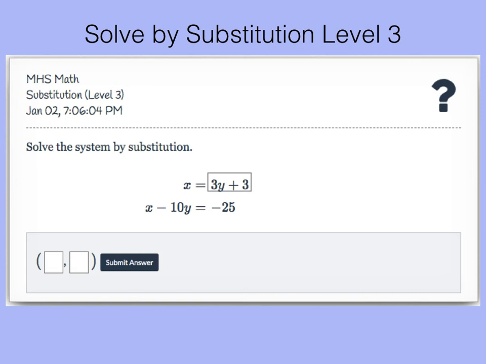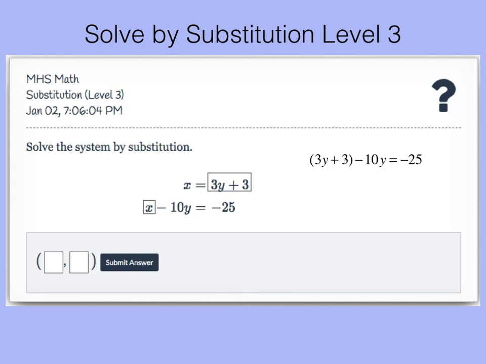So x equals 3y plus 3. Now that expression, 3y plus 3, we're going to substitute in place of x in the second equation. And we're just going to write our new equation carefully. Instead of x, we're going to write 3y plus 3 minus 10y equals negative 25.